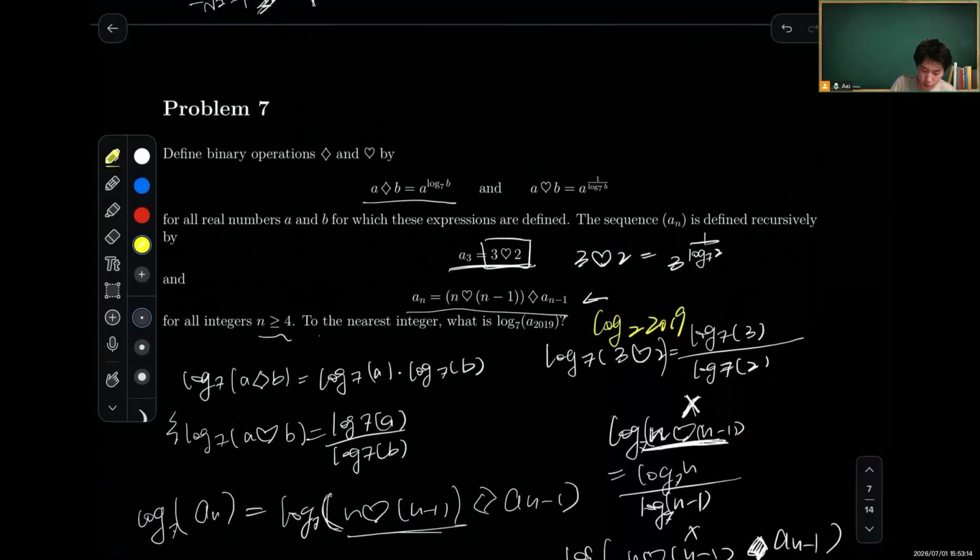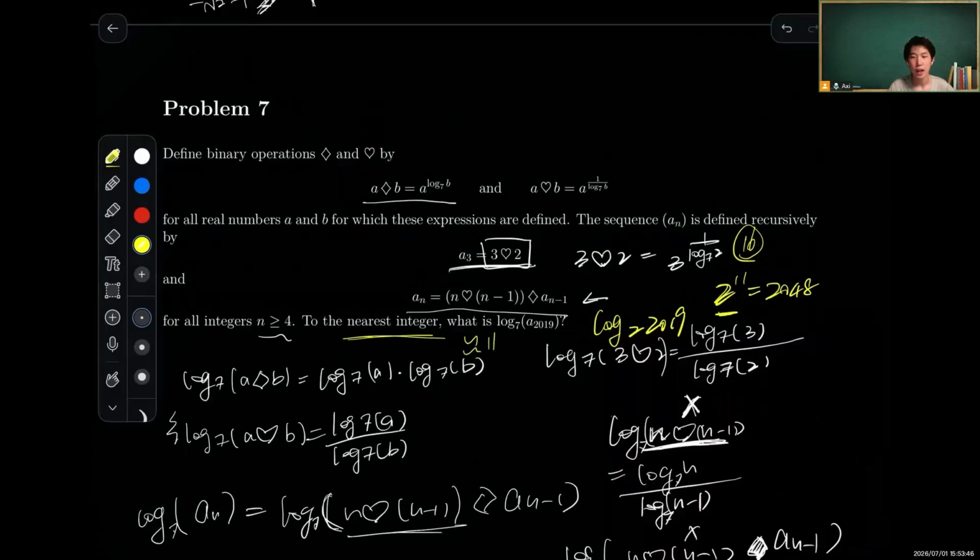And since the original problem asks for the nearest integer, we know 2 to the 11th power is 2048, and the powers of 2 up to, in my opinion, the 16th term, I think you should remember by heart, or you can just be very familiar with them so when you see them, you recognize them. So the answer is approximately 11, and we're done.